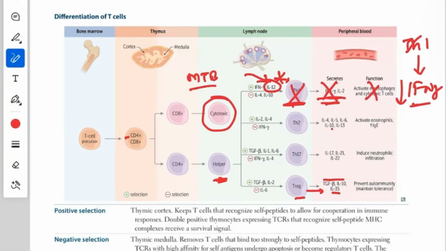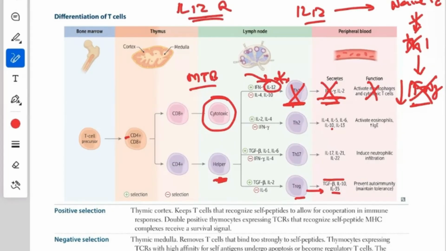So if you don't have a Th1, you won't have interferon gamma. That means the naive T cell didn't get activated to become a Th1. And the most important signal to activate the naive T cell to become Th1 is interleukin 12. So that means something is wrong with the naive T cell. That's the question for interleukin 12 receptor deficiency or disorder.